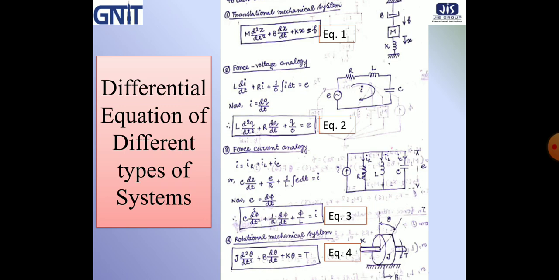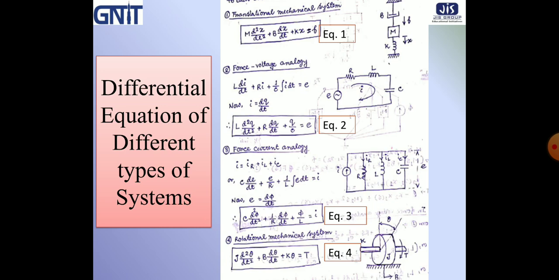Equation number 1 and 3 are mathematically identical, but the parameters of these two equations are different. Comparing the parameters, equation number 1 has F, and equation number 3 has I, current. So that's why it is called force current analogy, compared to the translatory mechanical system.